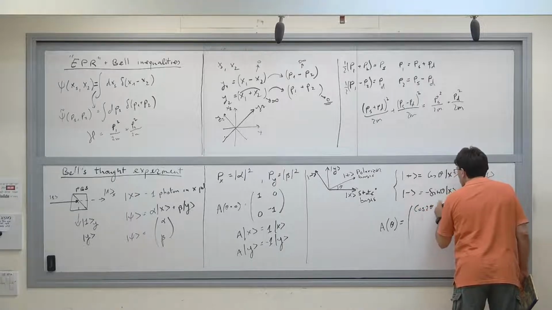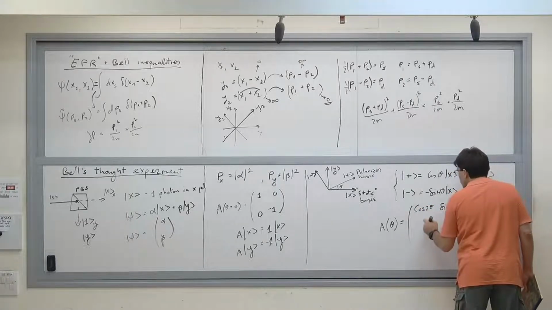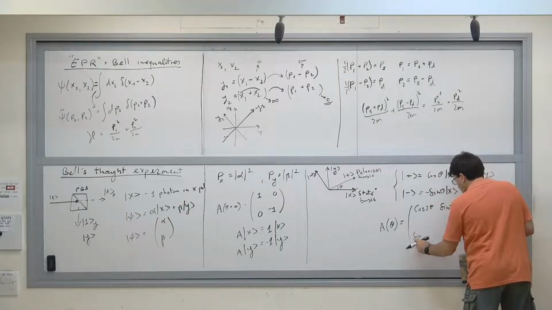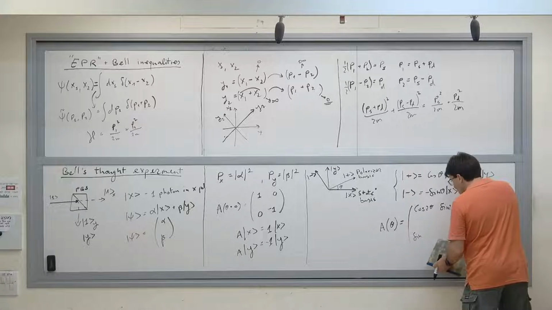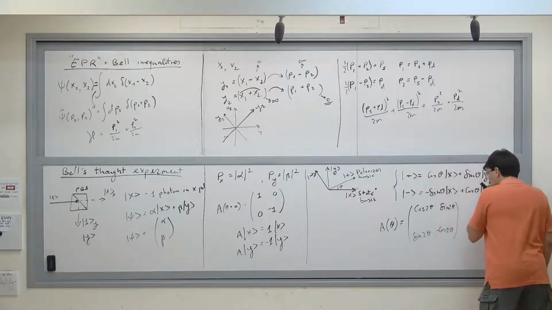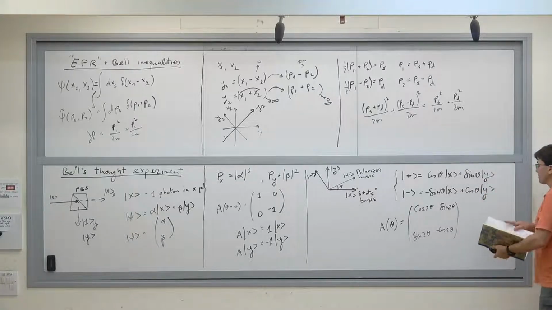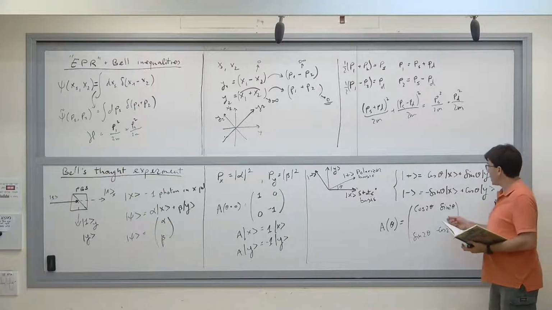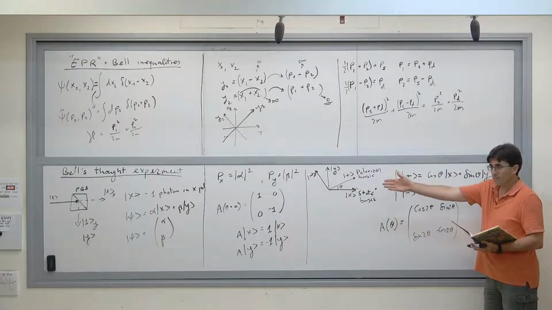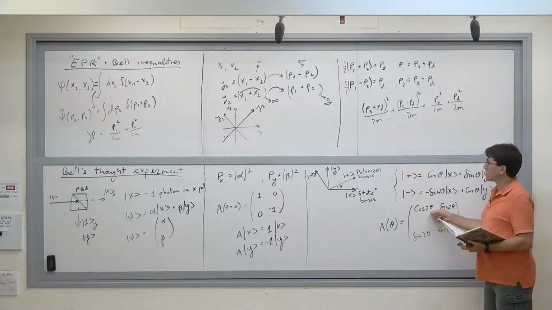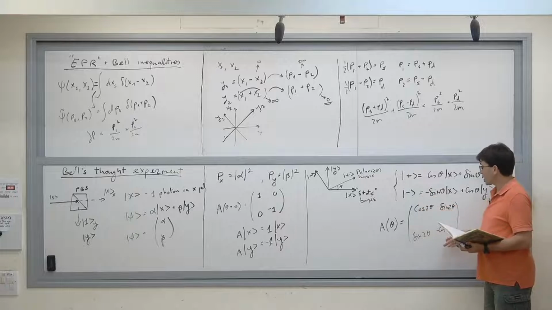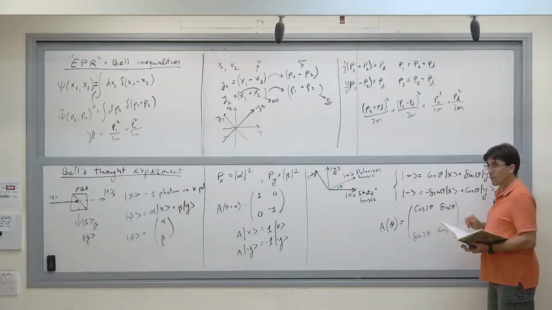Cosine twice theta, sine twice theta, sine twice theta, minus cosine twice theta. Now, we can clearly see that when theta equals 0, then we have what we had before. When theta equals 90 degrees, or pi over 2, we exactly switch them, which is what we should have.